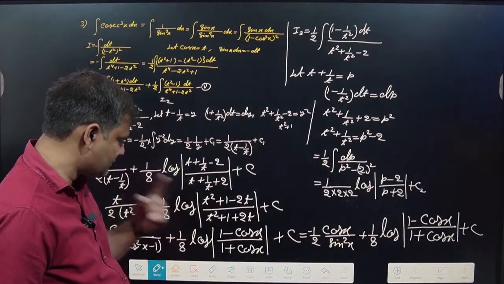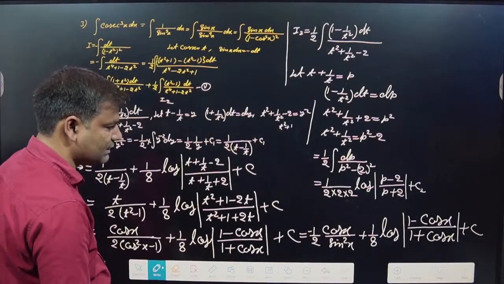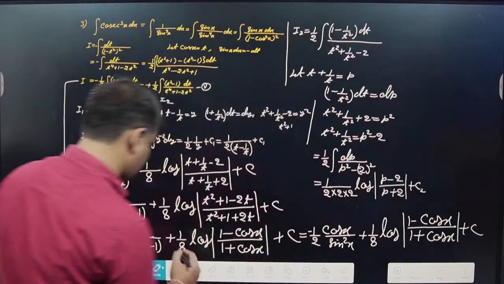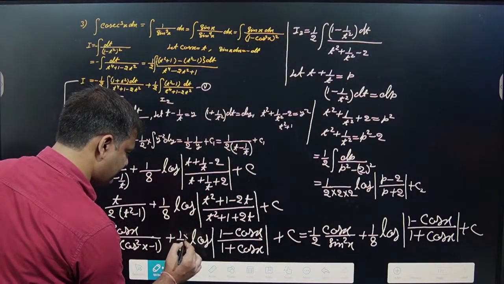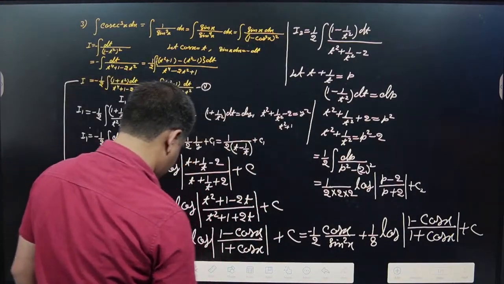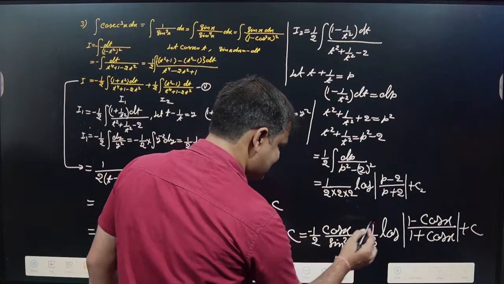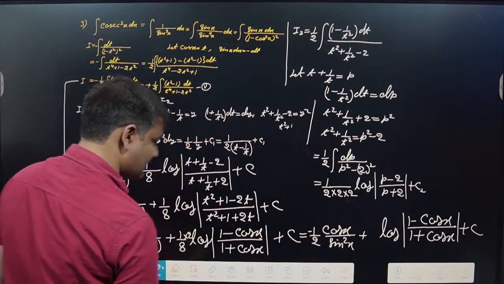Square is square, so to the whole square, so basically here it is written 2. So we got how much? Basically 1 by 4.